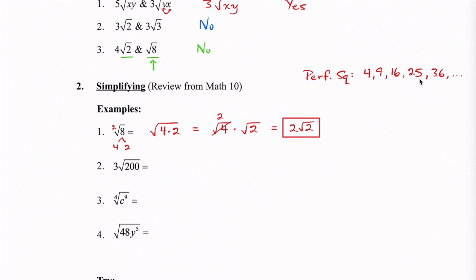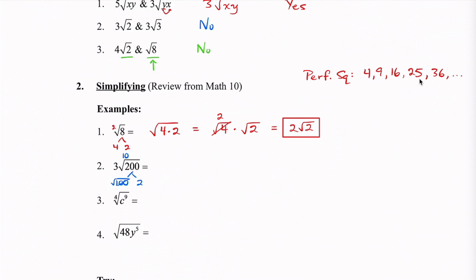So for the next one here, we want to try to break that down into some perfect squares. So I know 100 is a perfect square. That's 10 squared. And 100 times 2 gives me 200. And then I'm going to do a little shortcut here where I take the square root of it right here. So the square root of 100 is 10. So I know a 10 is going to be able to come out. And this 2 here is stuck back inside the radical.